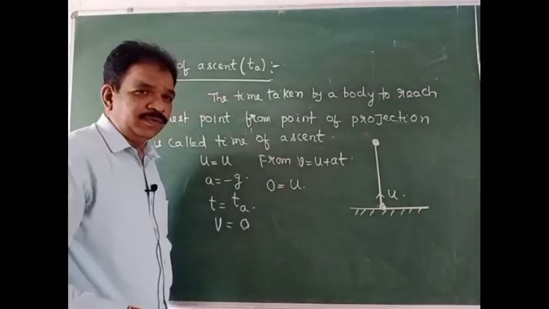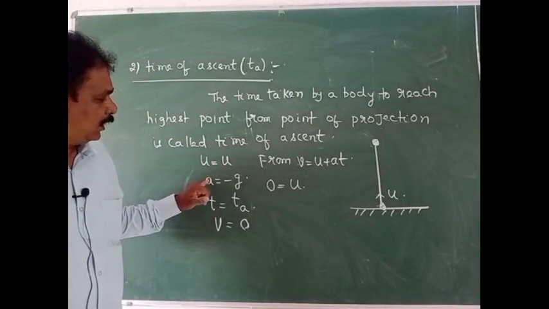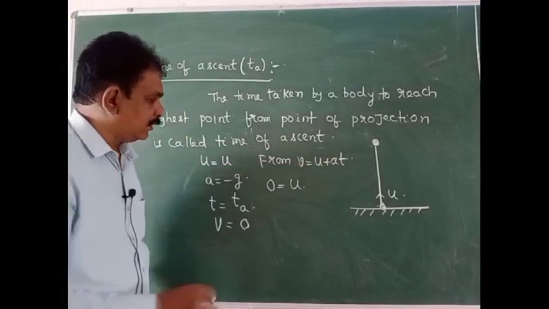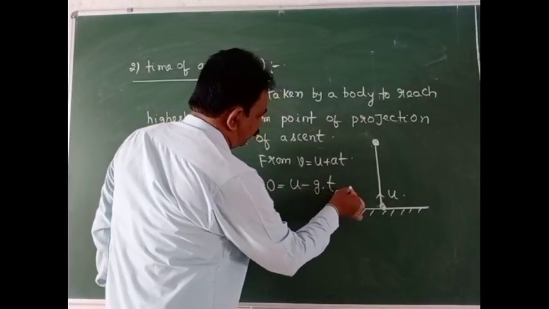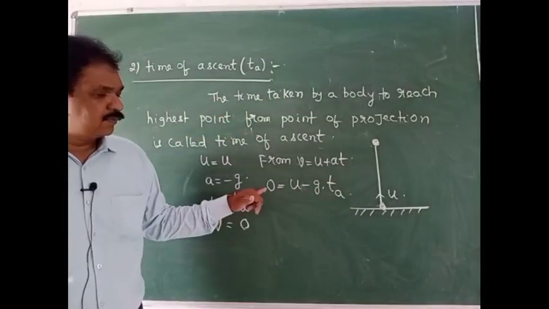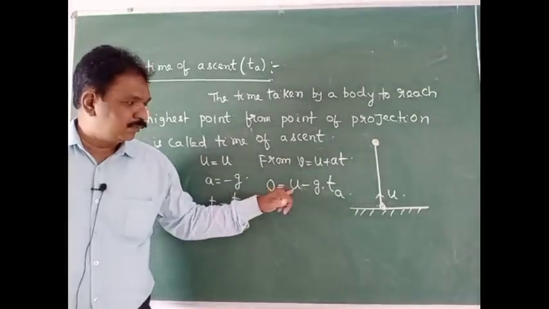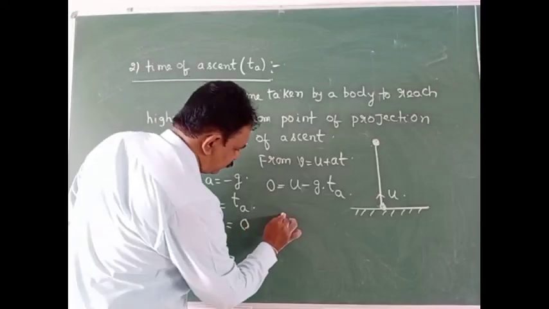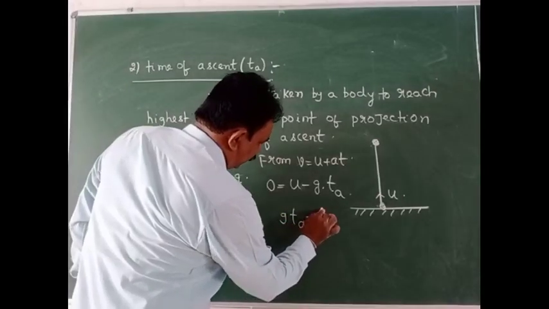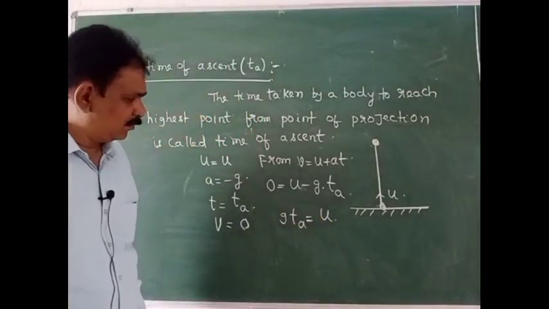U value is u, a value is minus g, t value is TA. So 0 is equal to u minus g into TA. gTA is equal to u.